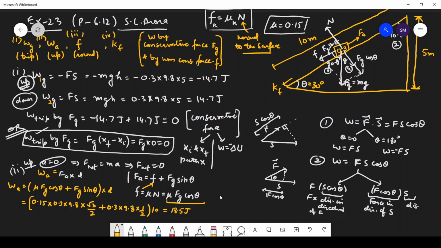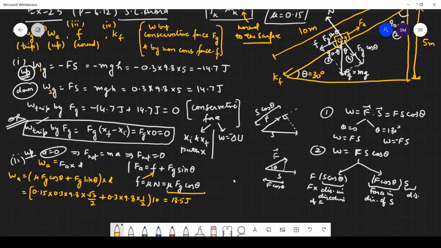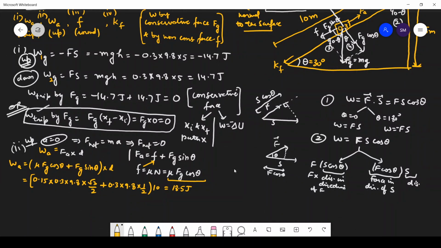Now you need to find the work done by the force of friction for the whole round trip. So that's equals to, it will be for the first up trip and then for the down trip. So for the up trip, let's take W1F.